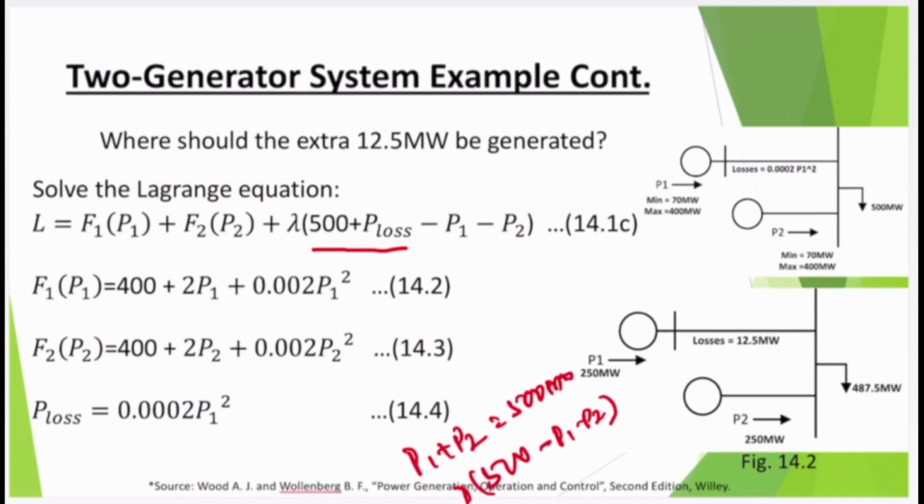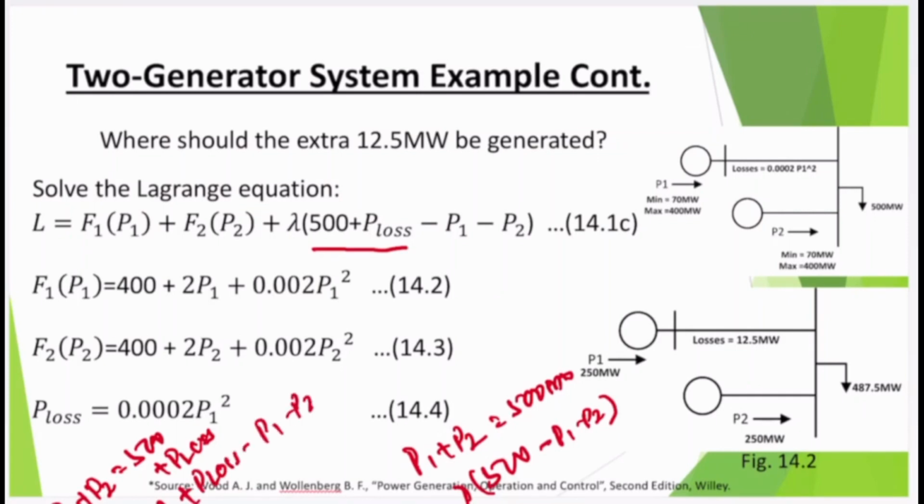This is what we learned in our earlier studies. But because of losses, now what I'm writing is that P1 plus P2 will be equal to 500 plus P loss. That means 500 plus P loss minus P1 minus P2 times lambda. This is the equation I have to take care of.